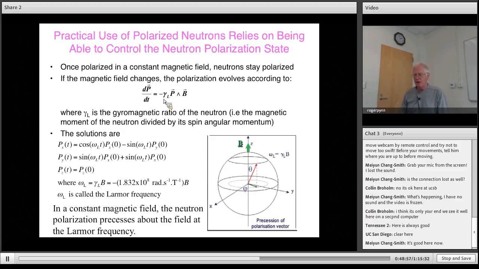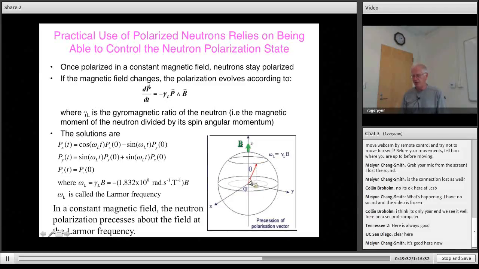So what you find if you solve this equation is that if you put a spin in a constant magnetic field, so here down in this picture, I'm imagining that somehow I suddenly have a beam polarization, this vector P, that is at some angle to an applied magnetic field. That's kind of a Gedanken experiment. It's hard to actually do, but maybe you can do it. I'll actually show you a way that you could do it.